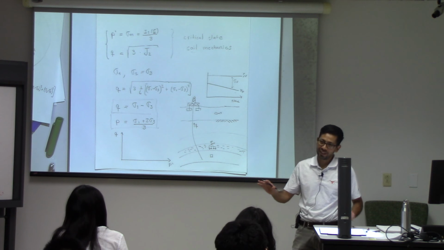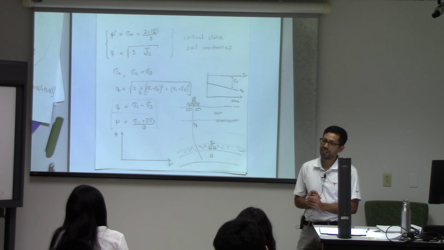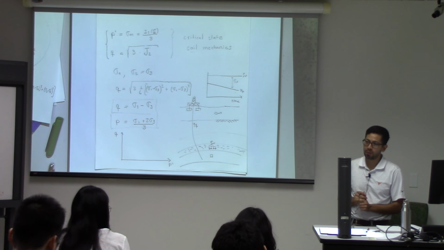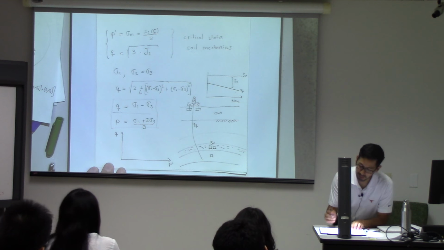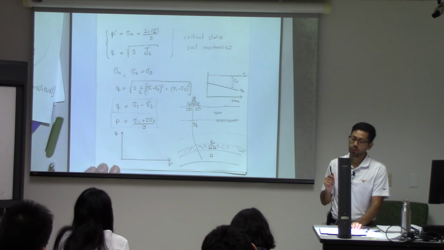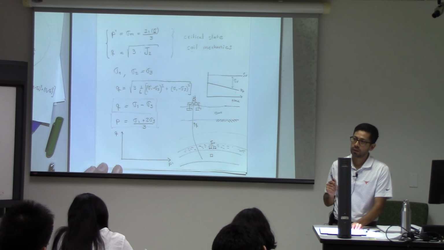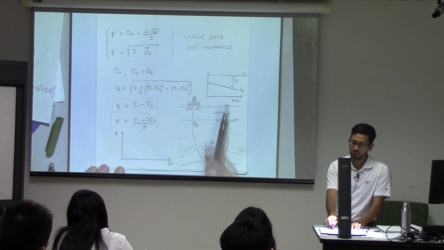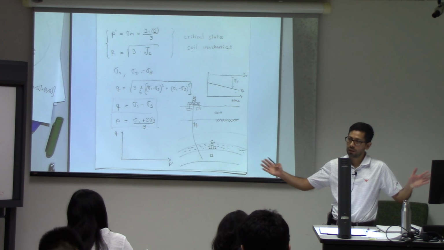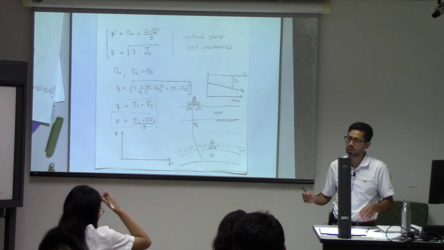You're right in some sense, but I'm looking for another answer. You're going to compress, right? We're going to see later on, and we're going to prove this with poroelasticity, that the vertical effective stress is going to increase, that's obvious. But also the lateral effective stress is going to increase too.